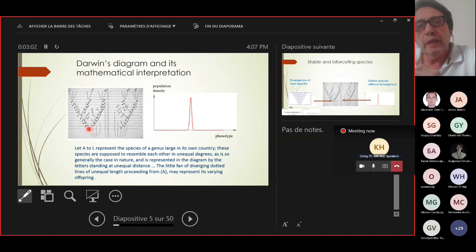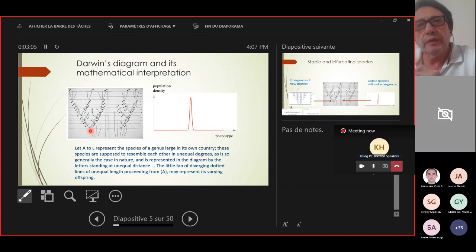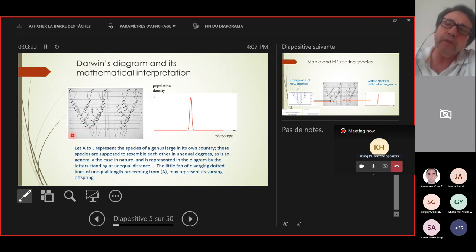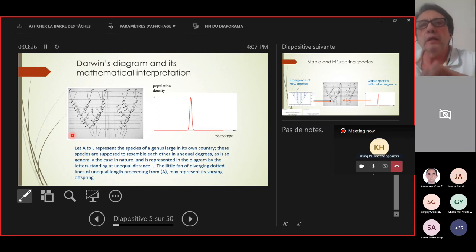If we look attentively at this diagram, you see, for example, from this point, there are several new lines appearing, and this is how he explains the emergence of new species from old species. We can also observe that not all these lines continue, only the most left and the most right, and he explained all that. There are also some other lines, meaning some species which continue like that, but then they stop, and we should understand that this happens because of competition between different species.